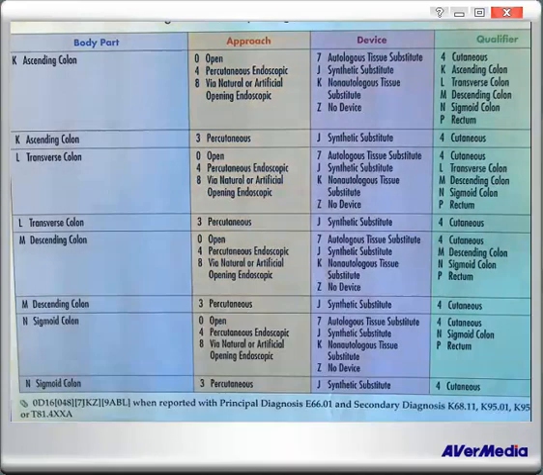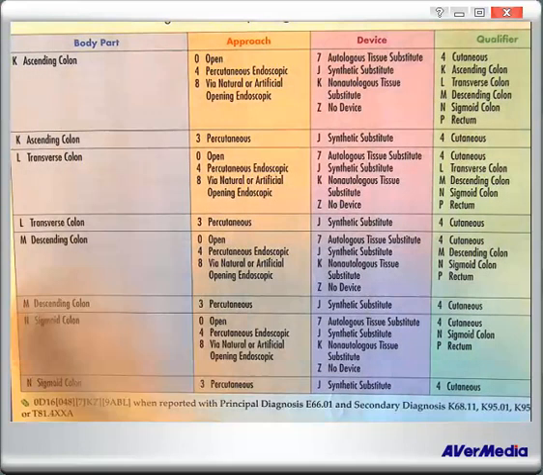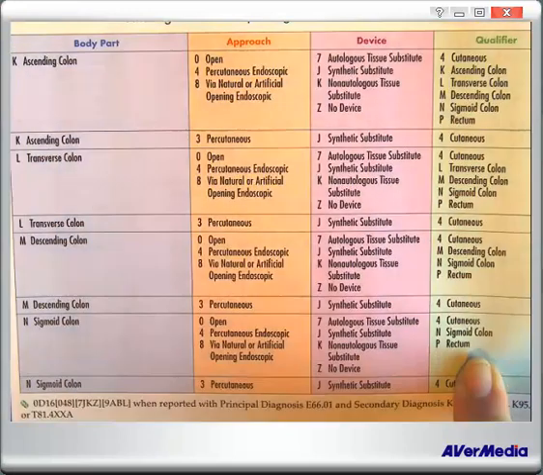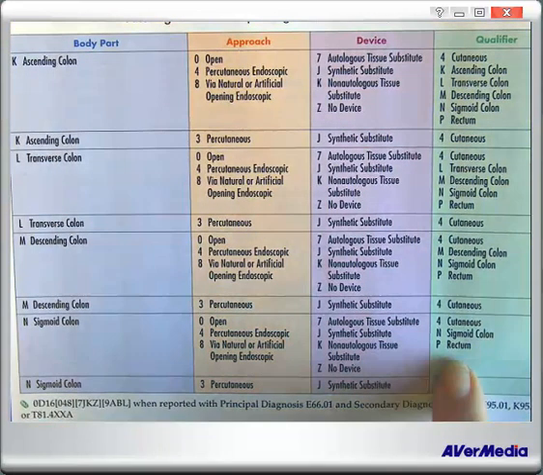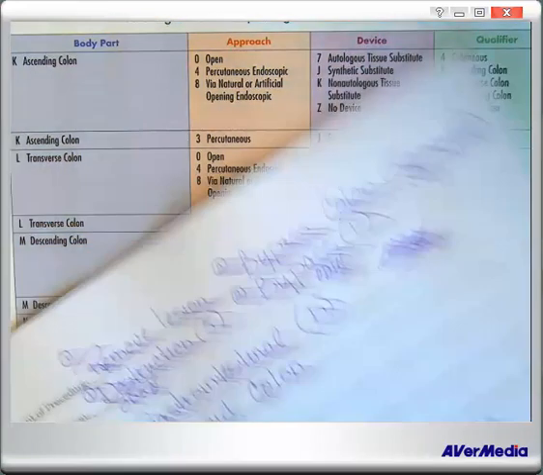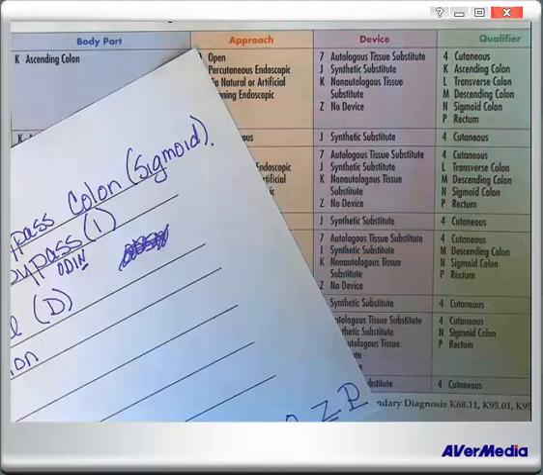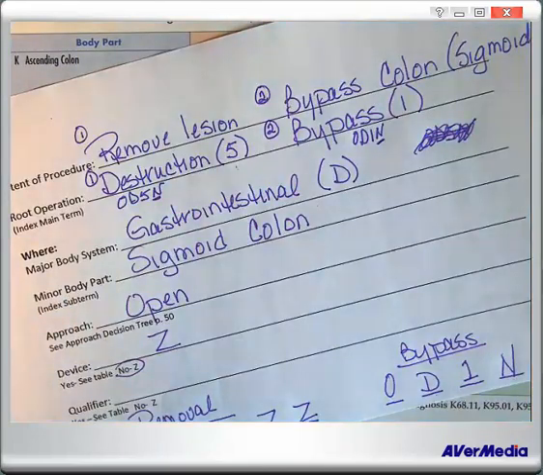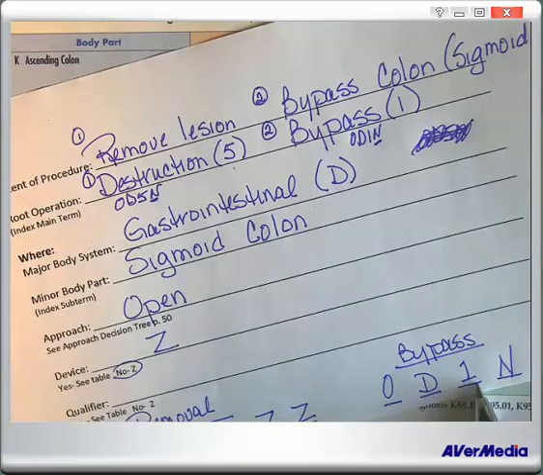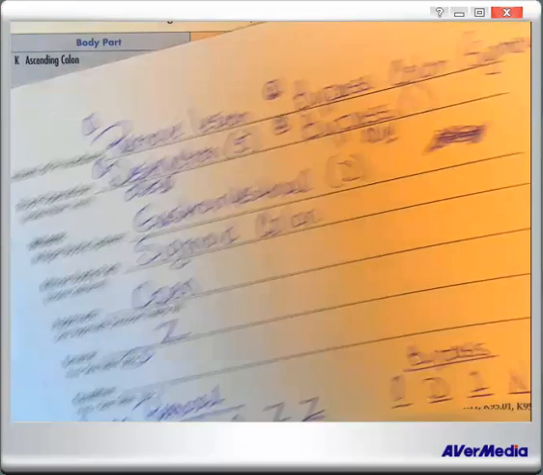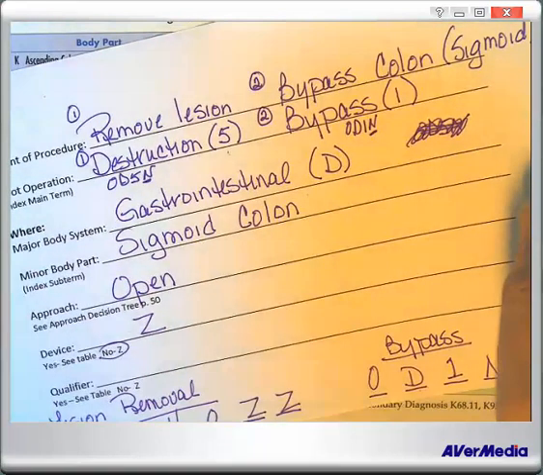We were bypassing from the sigmoid colon to where? Well, it said we did a bypass of the sigmoid colon to the rectum. Therefore, your last character, your qualifier, is going to be P. All right, so we have 0D5N0ZZ and 0D1N0ZP. And that is how you code destruction of sigmoid lesion and bypass of sigmoid colon to the rectum.